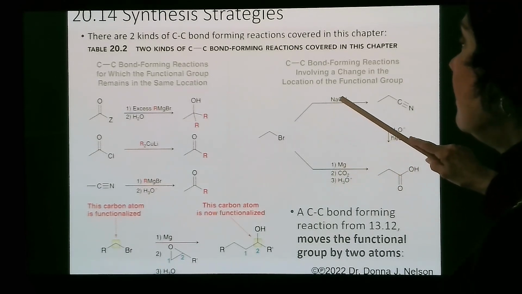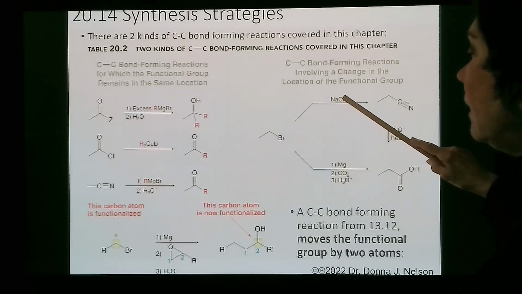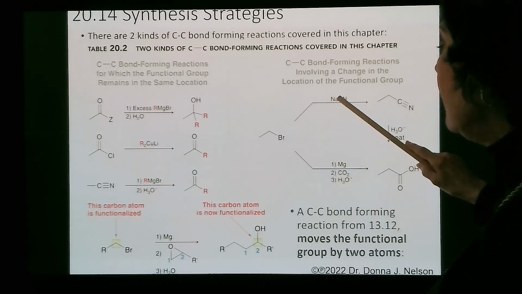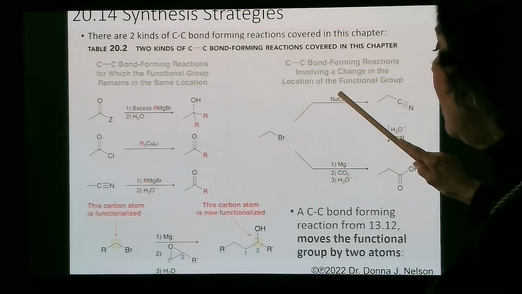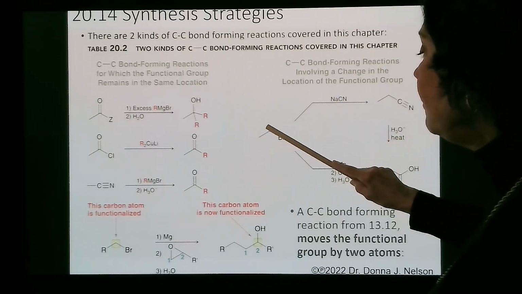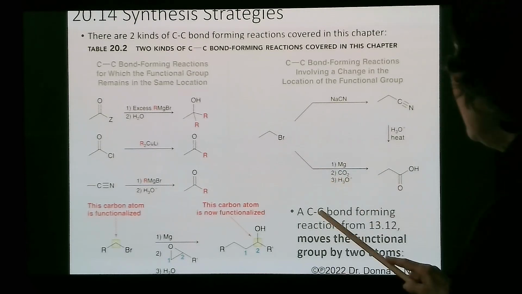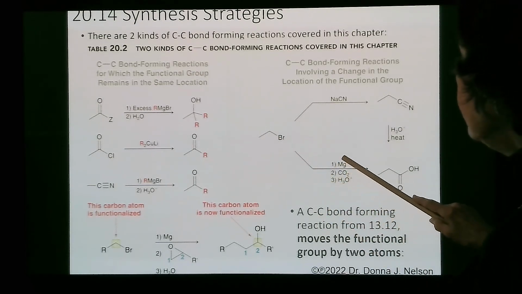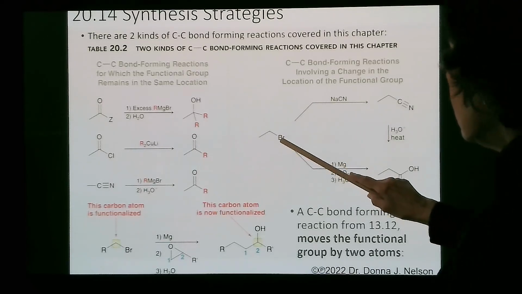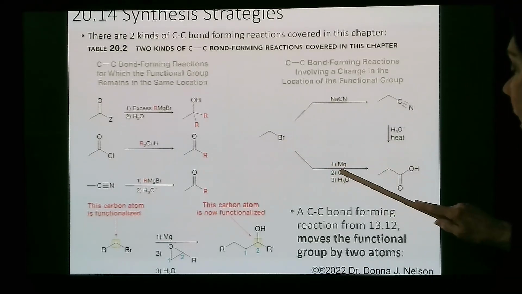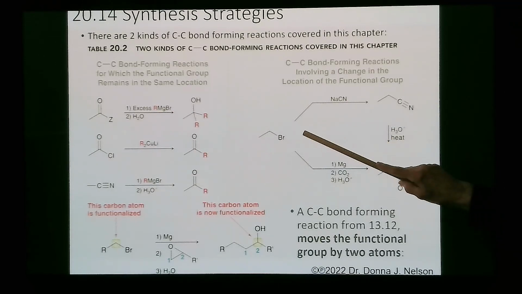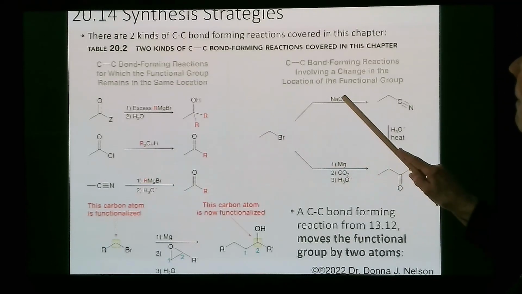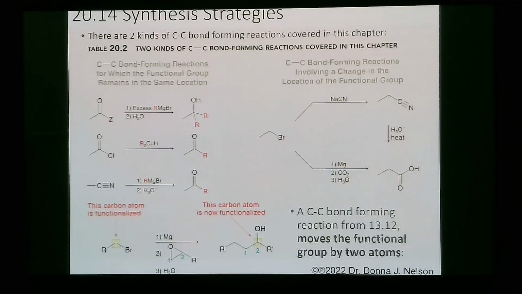We also have carbon-carbon bond forming reactions in which the cyano group comes in, does a backside attack, or the Grignard is created and then reacts with carbonyl. So here we have increased the carbon skeleton by 1 carbon in both places.